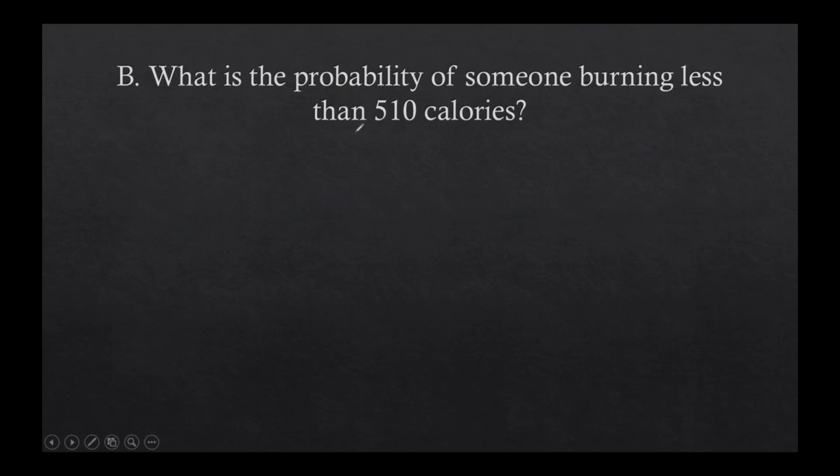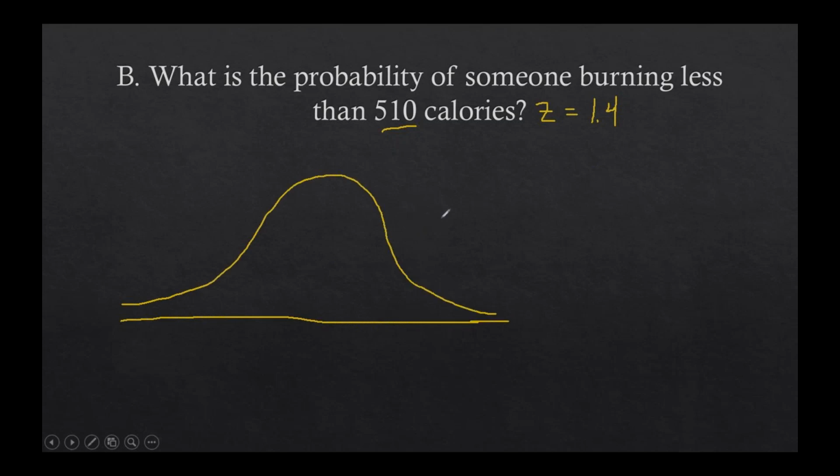Okay, so we're going to use the same value of 510. We have a z-score of 1.4. Wow, same one I used earlier. So your first step, what is the probability of someone burning less than 510 calories? Well, your first step is always to turn it into a z-score, because you know how to standardize with the z-score. You have probabilities that go with a z-score. So when we have a z-score of 1.4, we know that's to the right of the mean because it's positive.